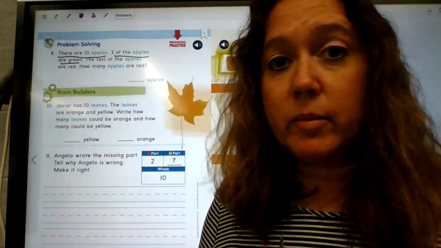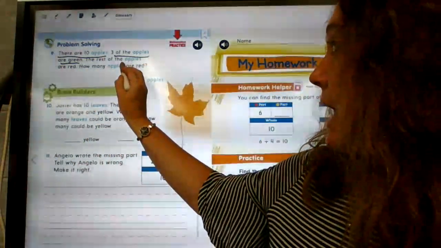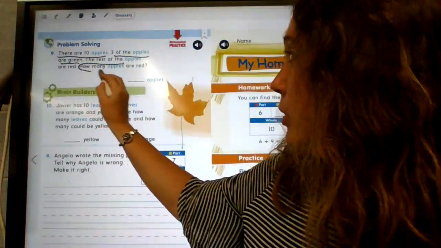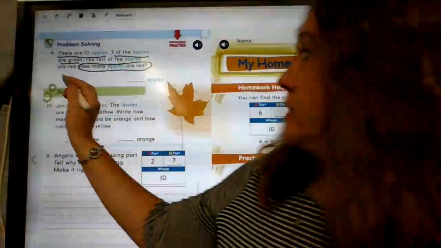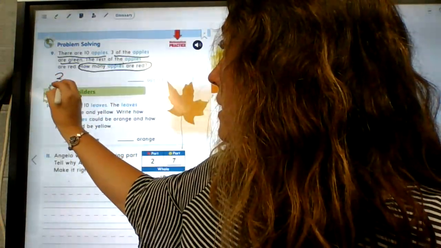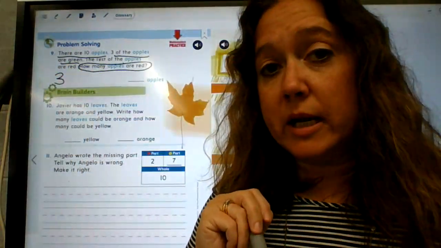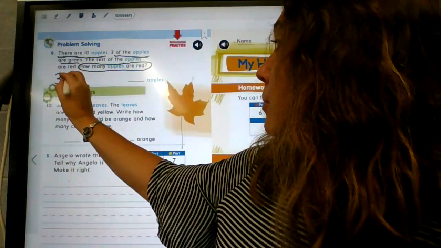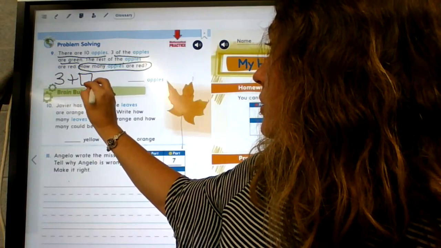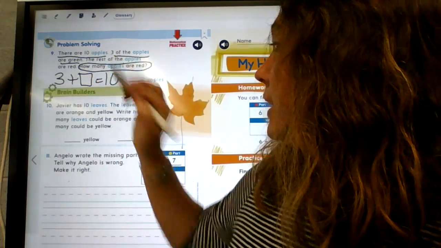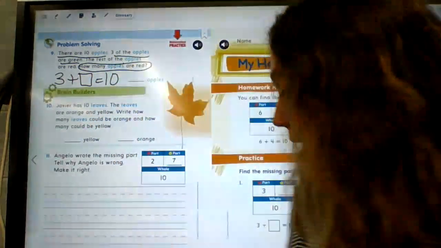So they didn't tell us how many are red. We need to find out how many apples are red. So the problem is 3, because 3 of them are green, plus blank equals 10. 3 plus blank equals 10.